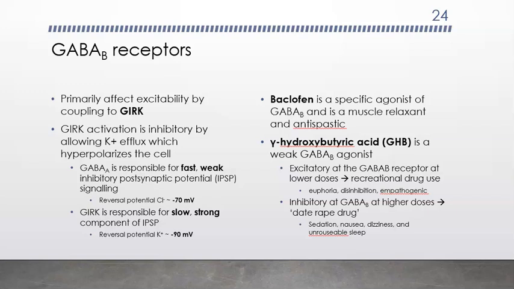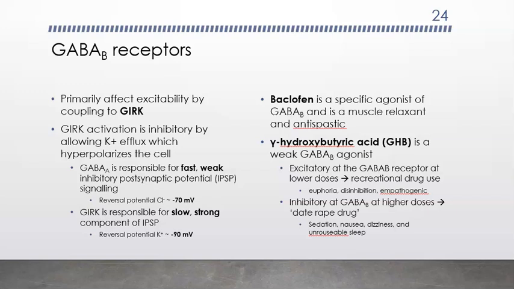So we're not going to get an action potential, but it doesn't really change the resting potential at all. With GIRK, then we're going to see that the reversal potential for potassium is actually about -90. So that is why it hyperpolarizes the cell and why it's a stronger inhibitory reaction.